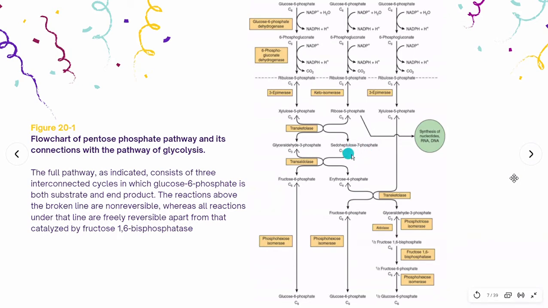Okay? Now, if you look at this, there is a restoration of the intermediates into glucose. Glucose 6-phosphate, glucose 6-phosphate, and 1/2 glucose 6-phosphate. So what is 1/2? It's a triose.